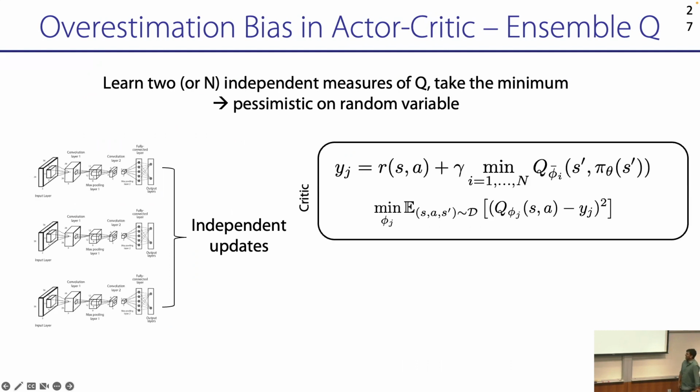And then when you're doing the target computation in Q-learning, instead of just using your one Q function, which is potentially noisily optimistic, you take the min across many different Q functions. And so some could be above, some could be below. But the point is that by taking the min, you're avoiding this overestimation.